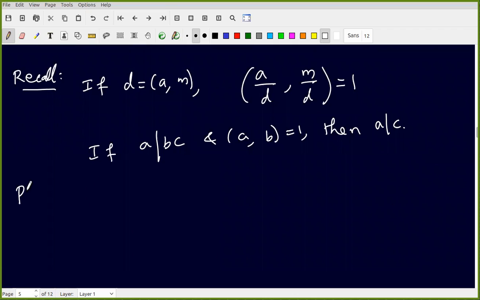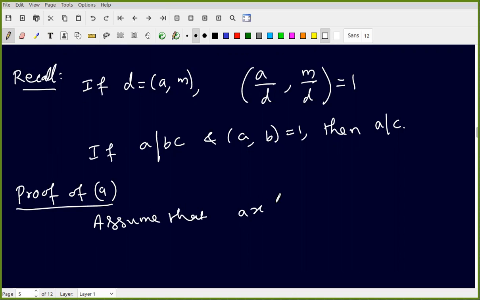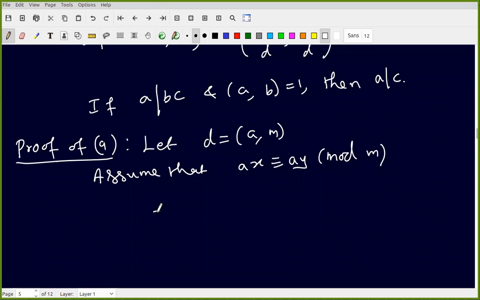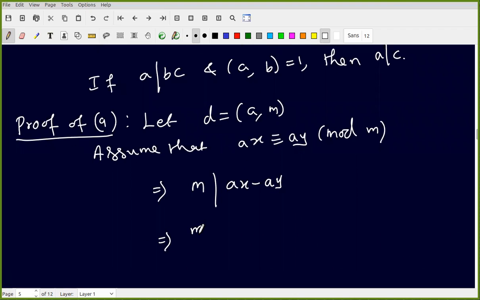Proof of property 9. First we assume that AX is congruent to AY modulo M. Before that, let us take D equal to the GCD of A and M. From this, we use the definition of congruence: M divides AX minus AY, which implies M divides A times (X minus Y).